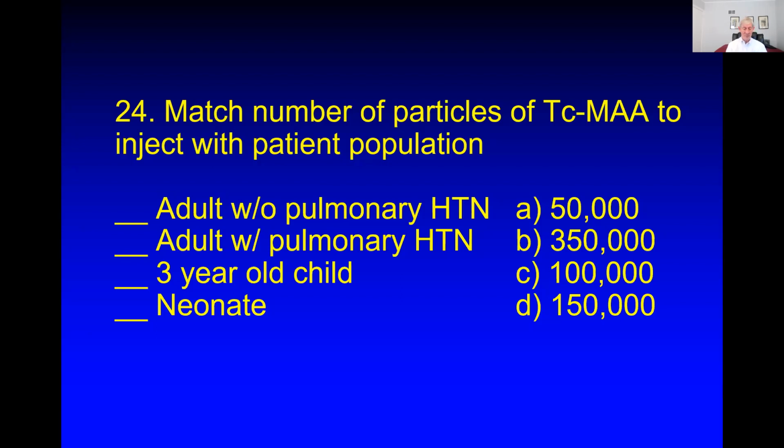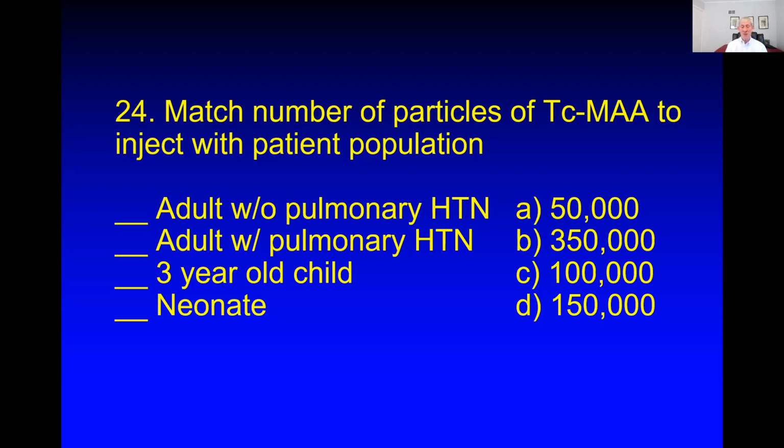Let's back up one step. Look at the neonate. The neonate is only going to get 50,000. That's the smallest number we can ever get. On a 3-year-old, we find out how much he weighs and we scale it up, to around 100,000. Pulmonary hypertension patients, 150. Remember, we're walking a tightrope there.